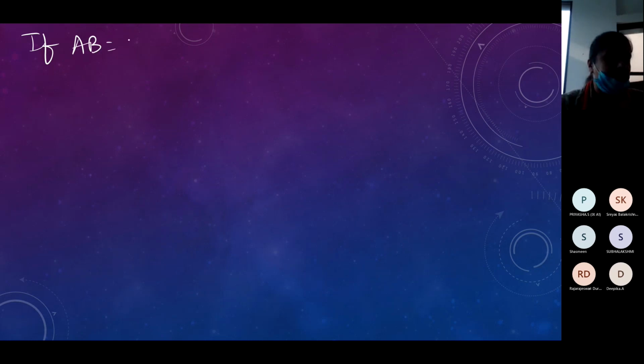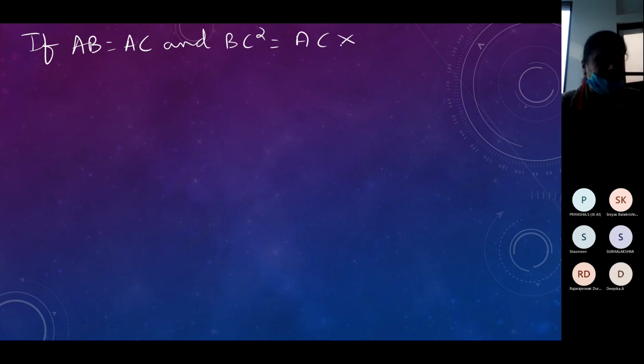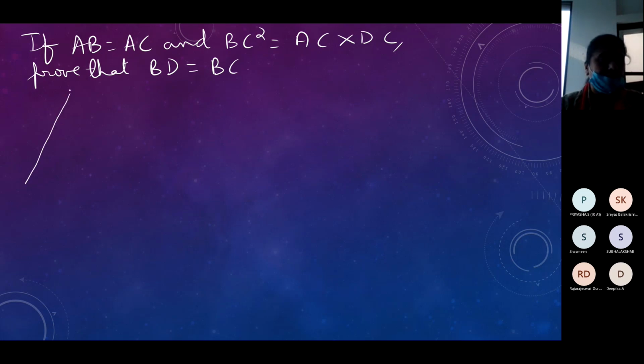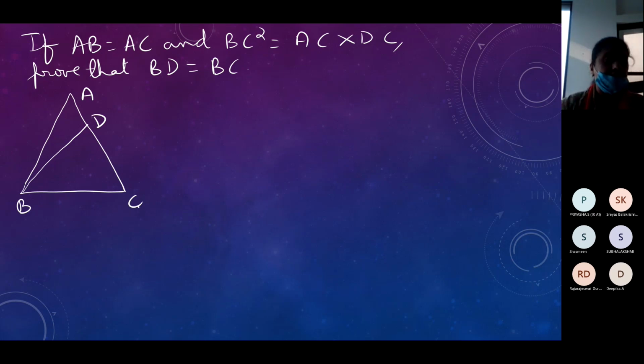If AB is equal to AC and BC square is equal to AC into DC, prove that BD is equal to BC. The figure is given.